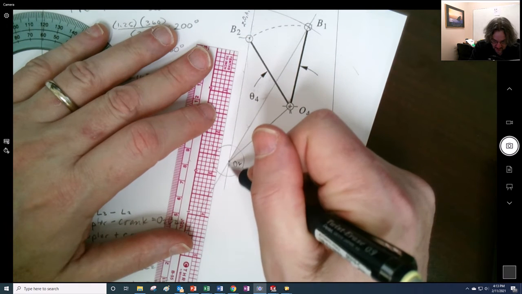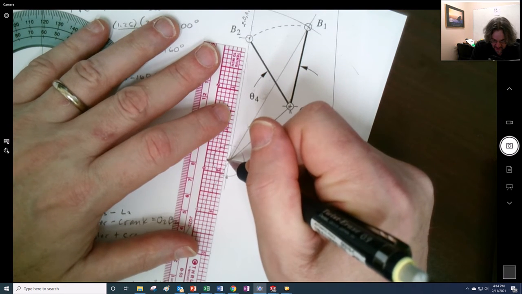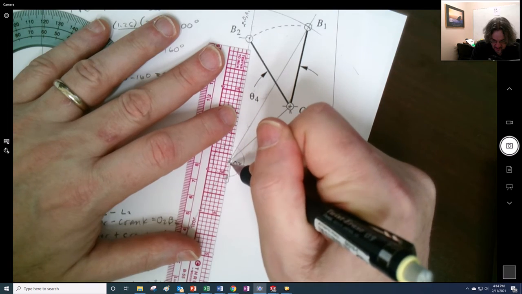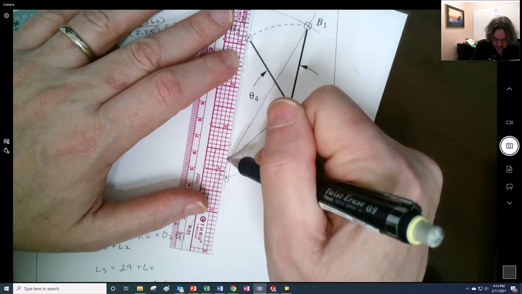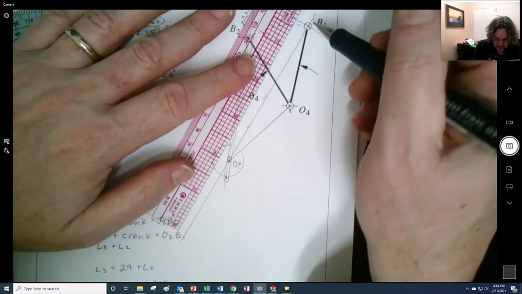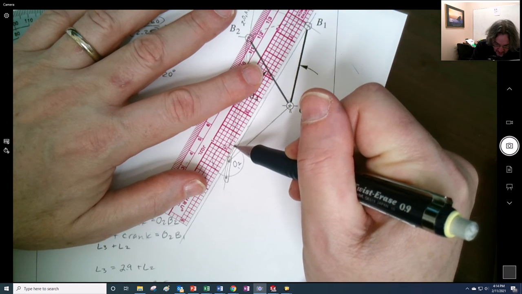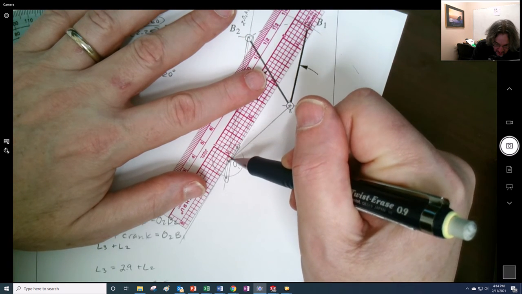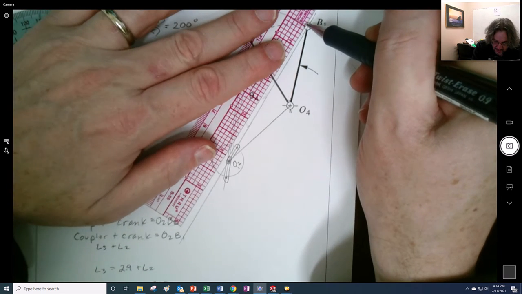So right here would be the crank overlaid on top of the coupler. And then right here would be the crank and the coupler over extended.